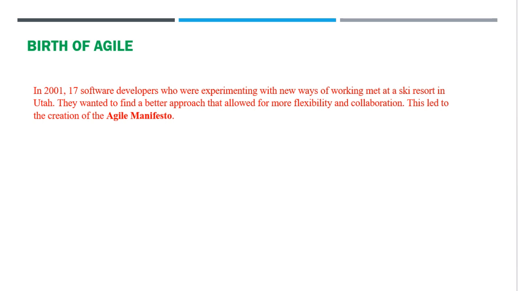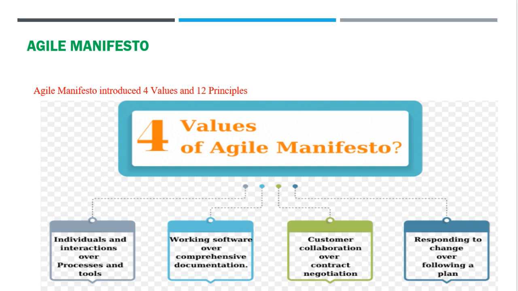This led to the creation of the Agile Manifesto. The Agile Manifesto introduced 4 values and 12 principles. Now we will understand all these 4 values of the Agile Manifesto one by one.